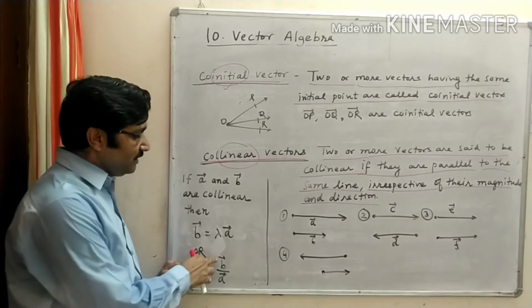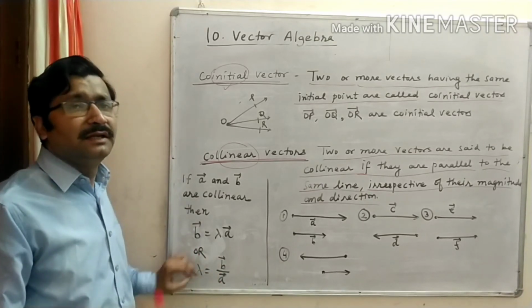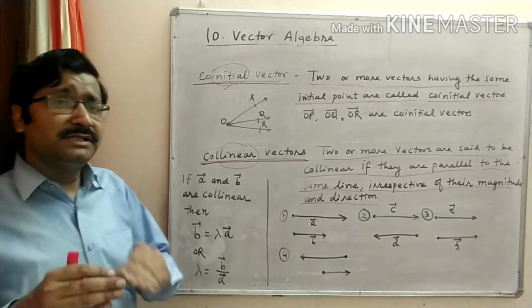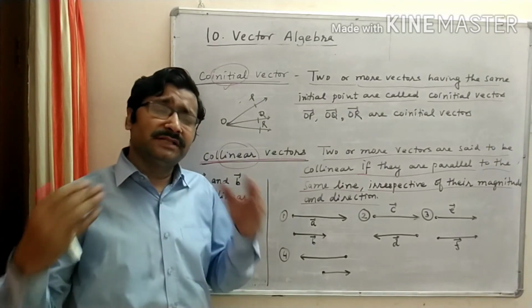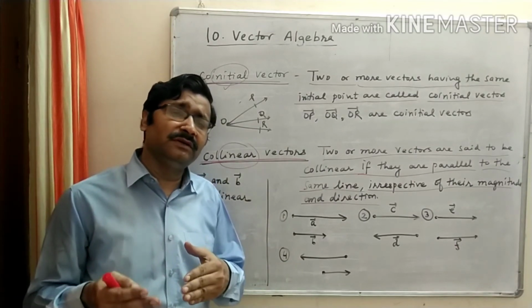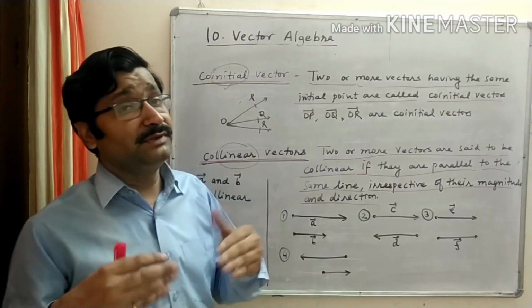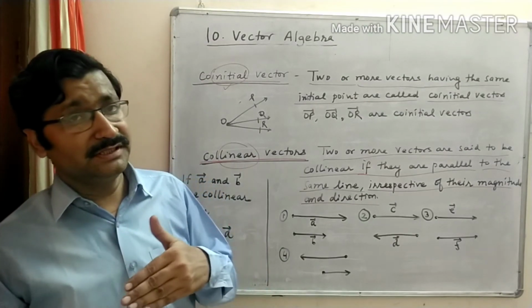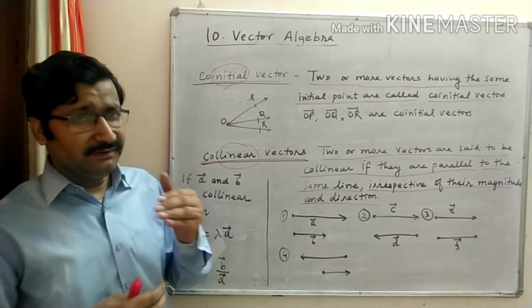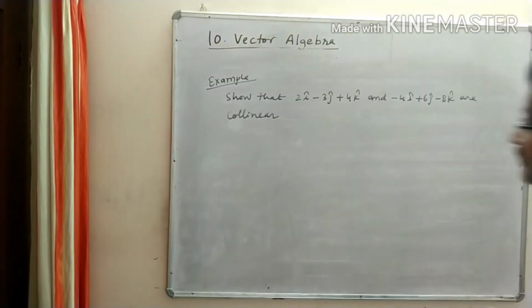Means if you divide B and A vectors, you get a lambda, means you get any constant value. So how do you find out whether 2 vectors are collinear or not? You simply divide these 2 vectors, you get a constant number, means you will say that they are collinear vectors. One example we will take here, then you understand.